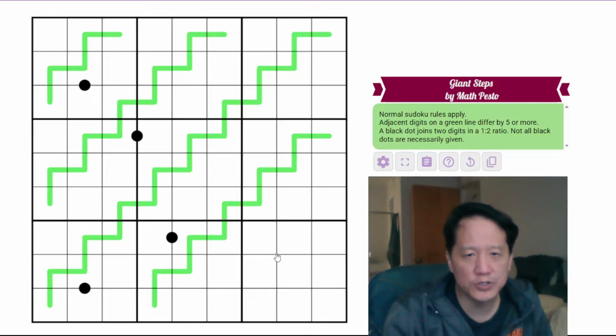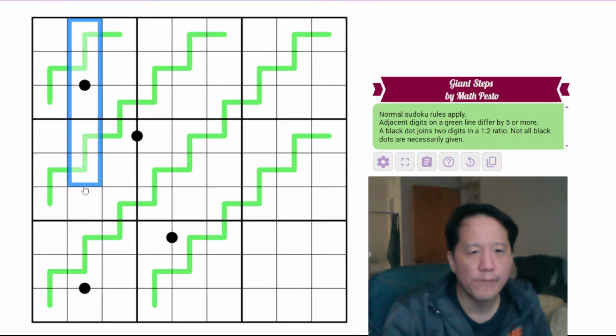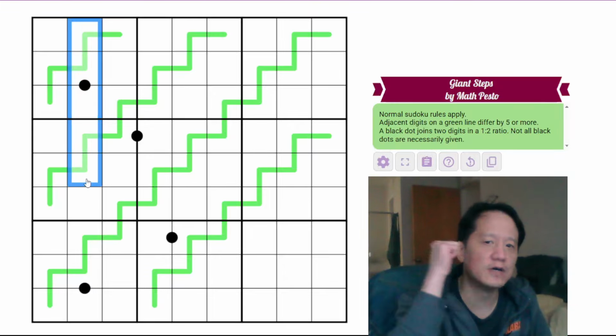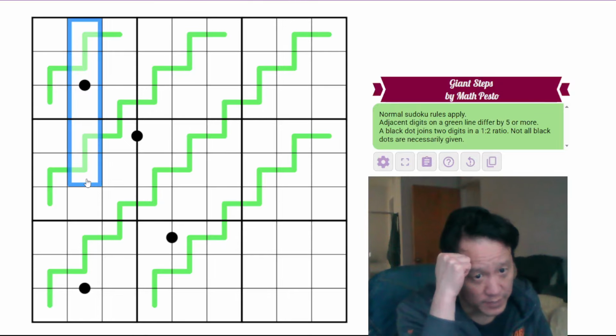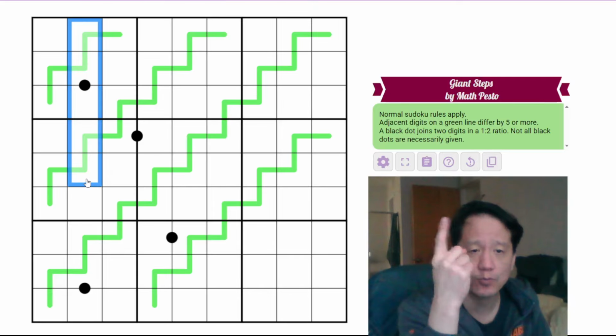Okay, where should we start? Let's start with column 2. All digits are either on a German whisper 5 line or a black Kropke dot, except for one.